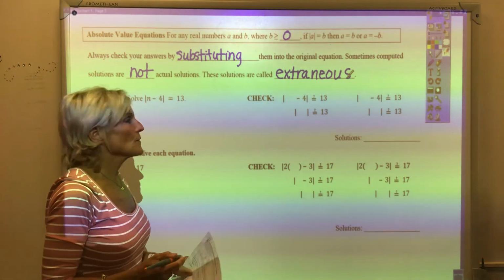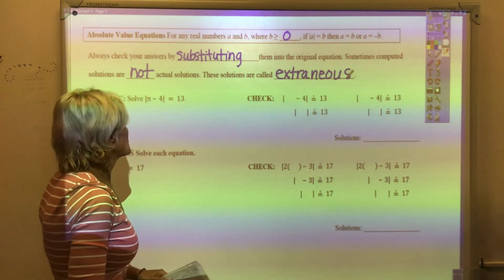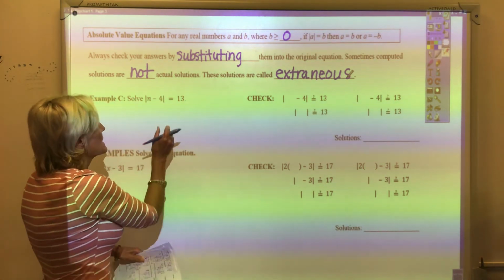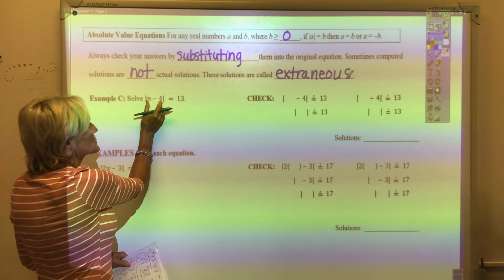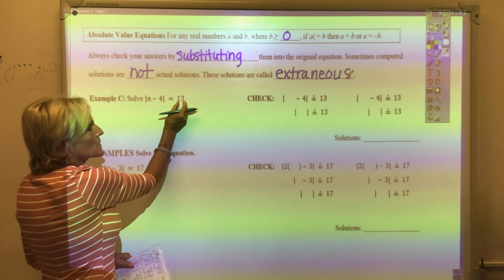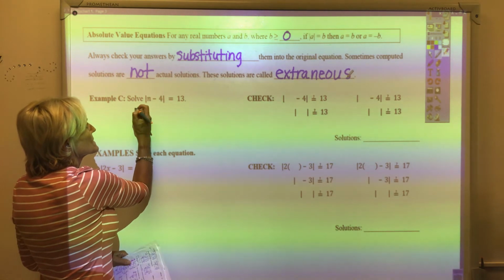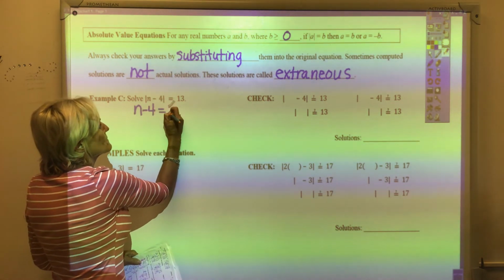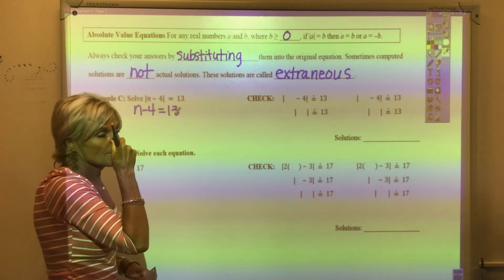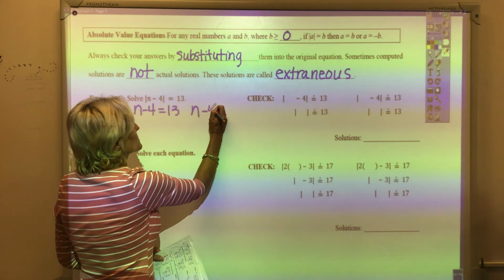So here is how we go about solving absolute value equations. It's saying that the absolute value of n minus 4 is equal to 13. So what is in here can be set equal to 13 or negative 13 since they both have an absolute value of 13. So we work the equation twice.